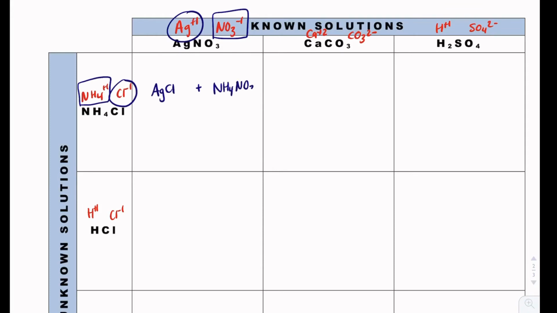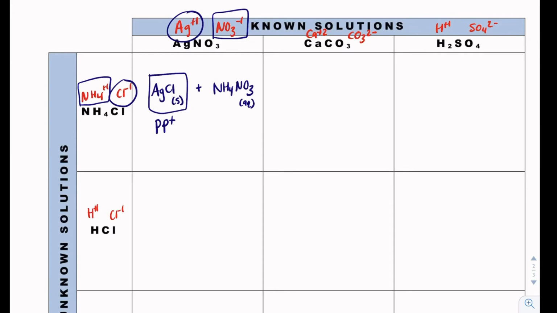If you remember the rules of double replacement reactions, we need a solid, liquid, or gas to be formed in order for the reaction to occur. If I look at my solubility rules, chlorides are always aqueous except with silver, lead, and mercury. So this will be a solid, and all ammoniums and all nitrates are aqueous, and so we get something like this. I'm going to box this and call it PPT, meaning precipitate. That's a solid that's formed in a double replacement reaction.